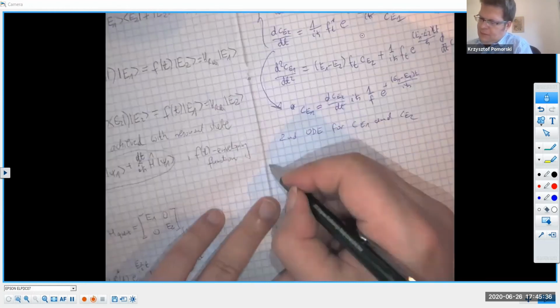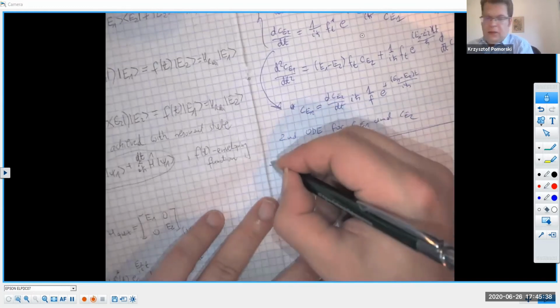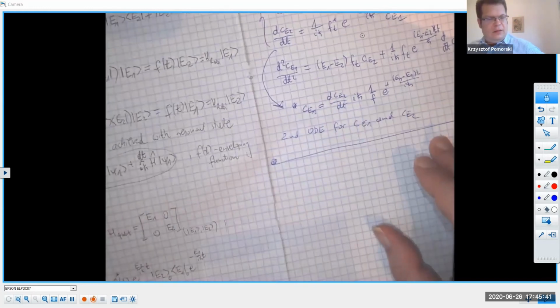All right. So the next point is, what is the role of these terms?